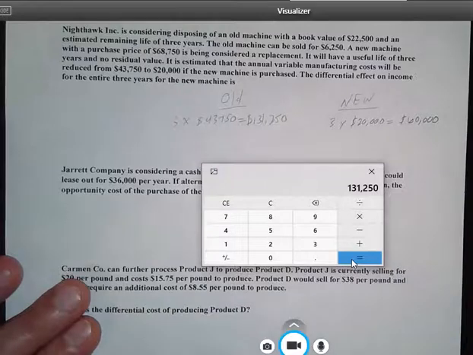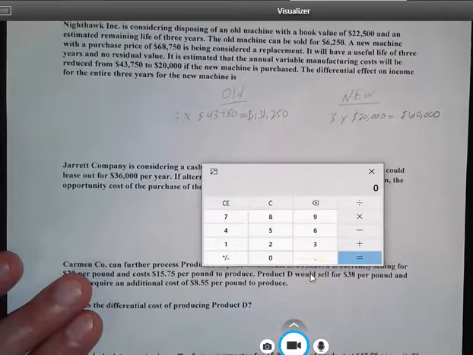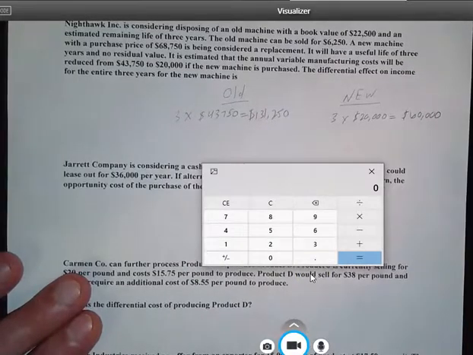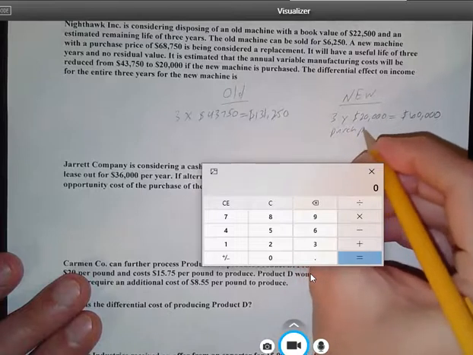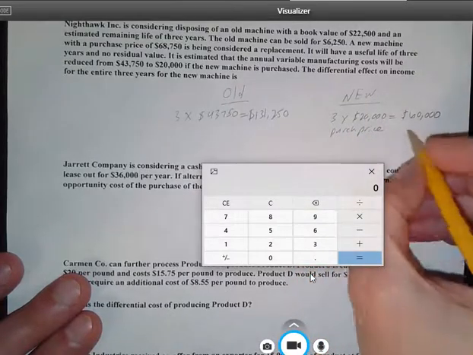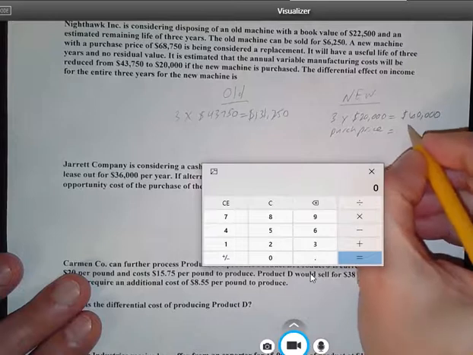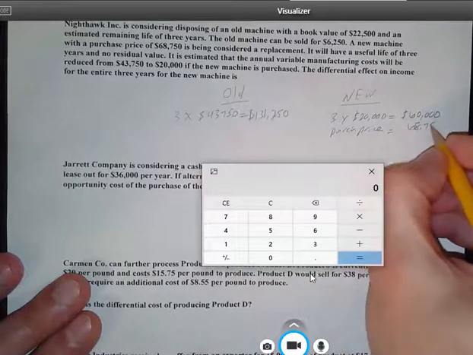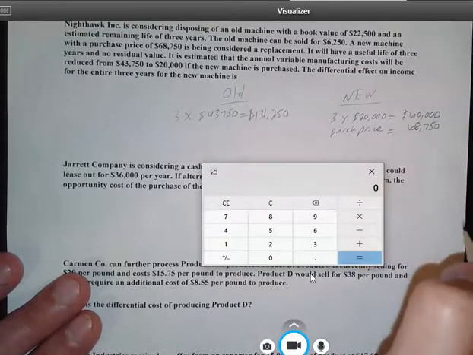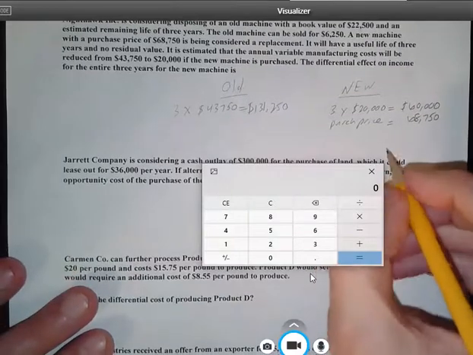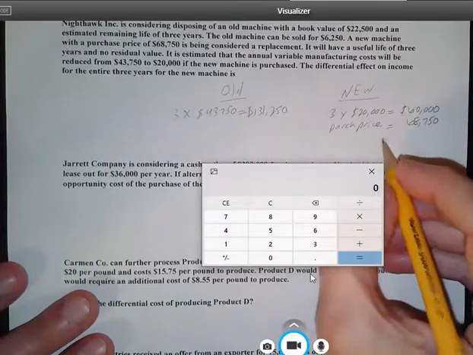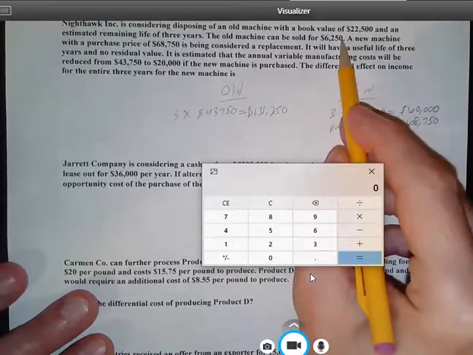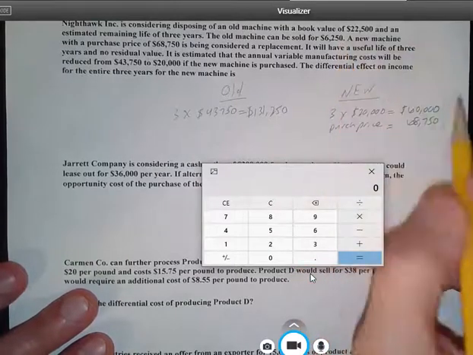Now, unlike the old machine, we actually have to purchase the new machine. So we have the purchase price, or a cash outlay, equal to $68,750. We also get, if we buy the new machine, $6,250 in cash for selling the old machine.